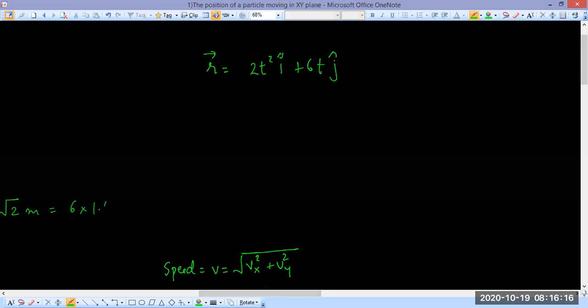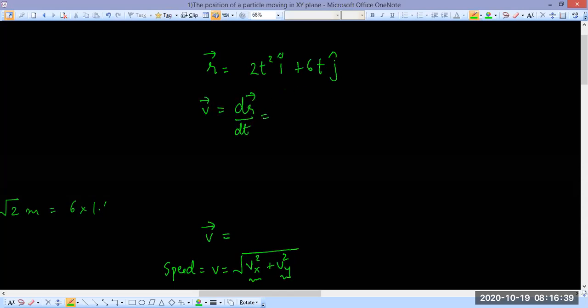So we should first find the velocity vector, because if you find the velocity vector, then you can easily find Vx and Vy.